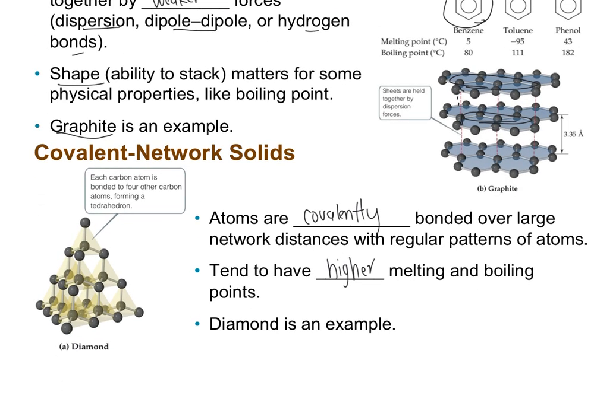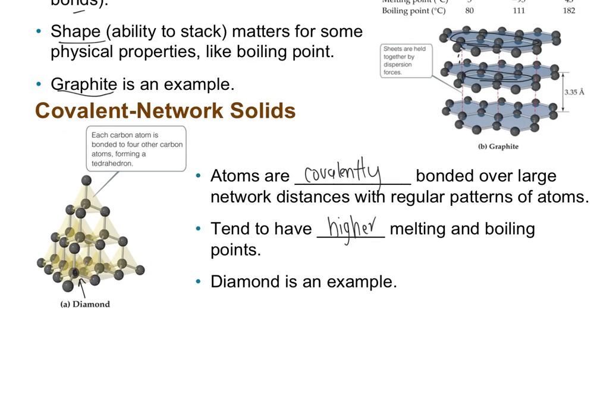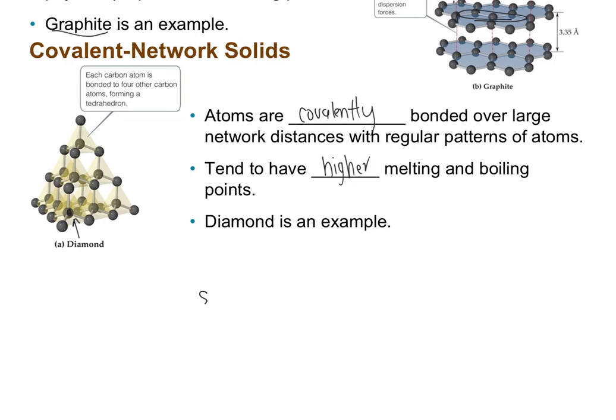So diamond versus graphite: diamond is sp3 hybridized carbon atoms all connected in three dimensions in this network to other carbon atoms. It doesn't have to be just a single type of atom, though. We have the same thing happen with silicon and oxygen. We have four oxygens all held together by another silicon, and so on. And so it's just like this huge repeating structure here.